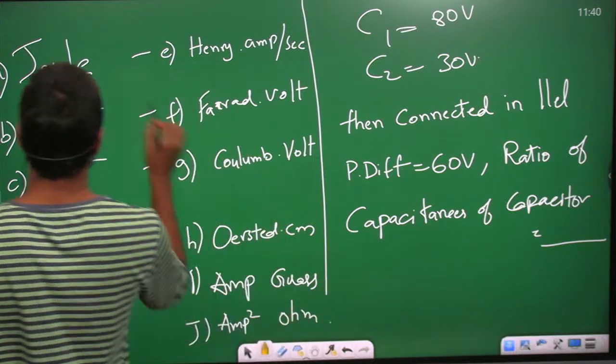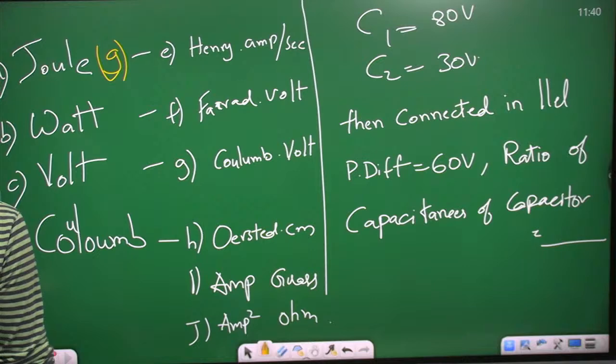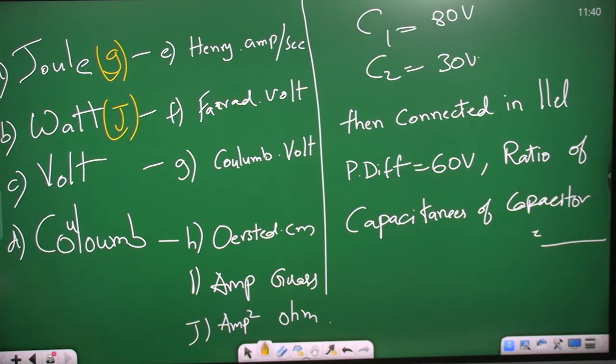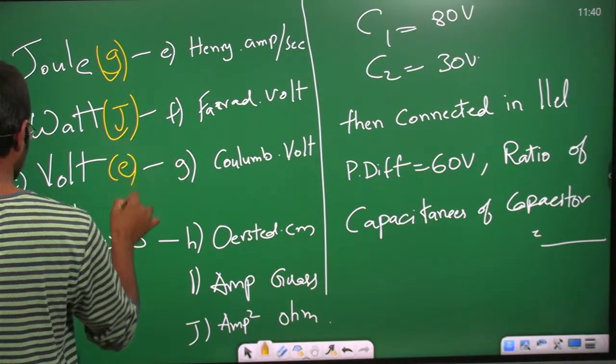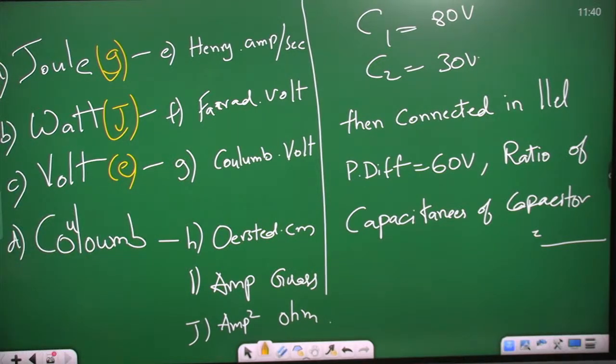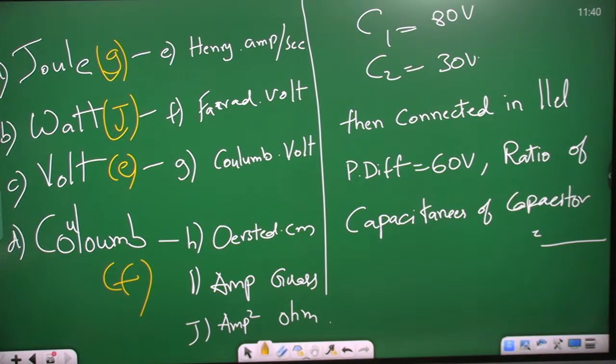G, right? Okay. What is B? J. What is C? E. Okay. What is D? F, right? Basic things: joule, coulomb volt, watt, J, ampere square ohm, volt, E, Henry ampere per second. So you need to be aware of all these basic fundamental units. D, F, parallel. Okay.